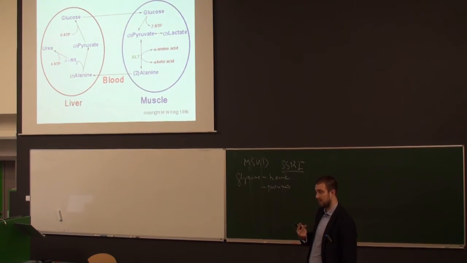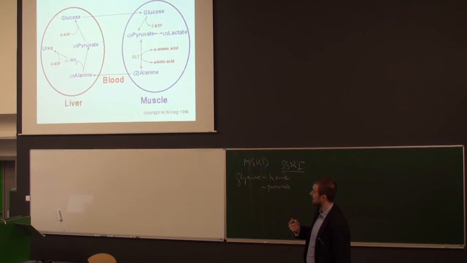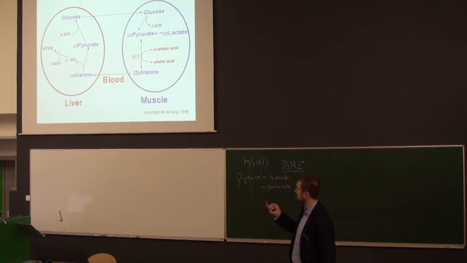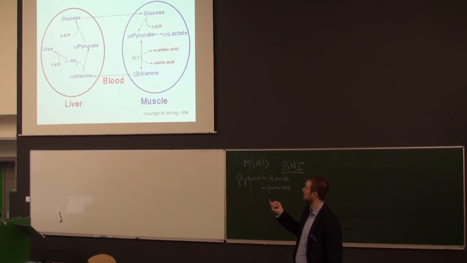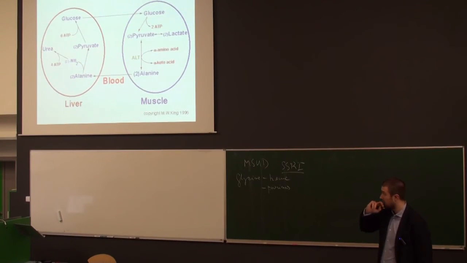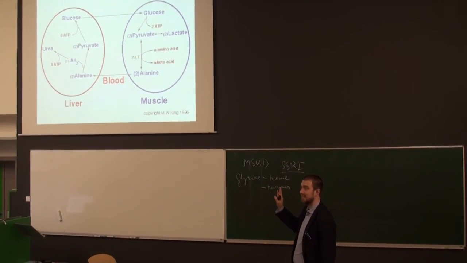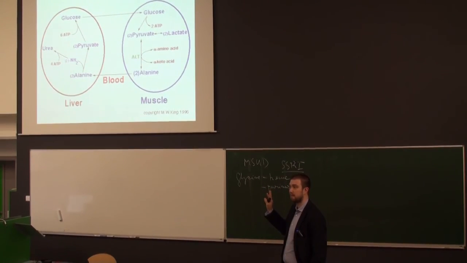So from this perspective, it's less effective. On the other hand, it's more effective in the perspective that here you gain the alpha keto acid that can be metabolized. And this comes from the amino acid from the skeletal muscle reserves. So, do you understand skeletal muscle and the Krebs cycle?